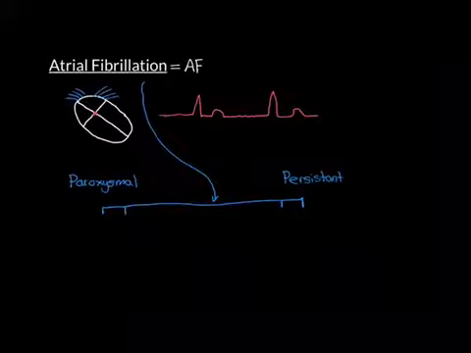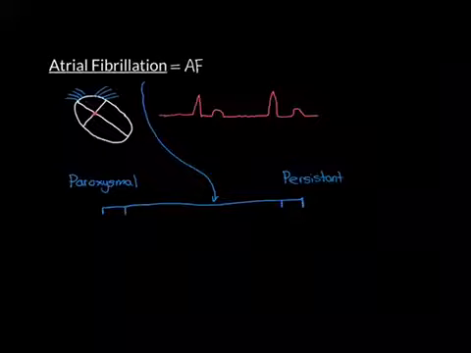So you could cardiac MRI them, get beautiful pictures of their heart, and you might even still then not be able to find anything wrong with their atrium. However, it is generally believed that there is a problem with either their left atrium or their right atrium, usually their left atrium, usually the parts of the left atrium around the pulmonary veins, that is causing this arrhythmia. So there is something wrong with their heart.